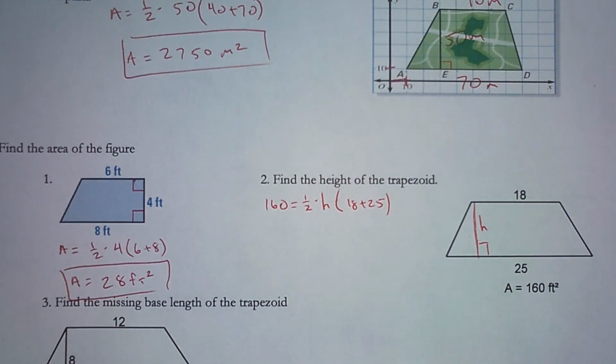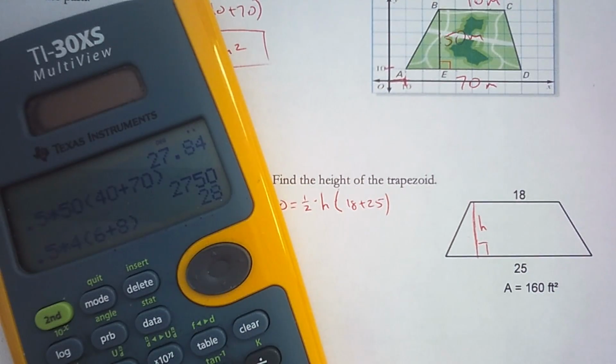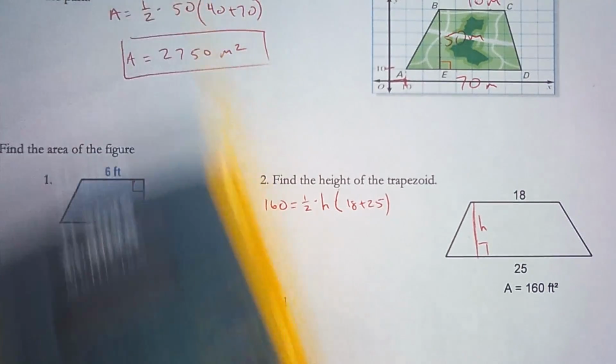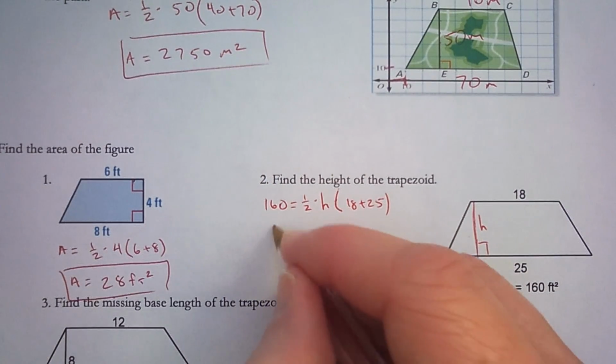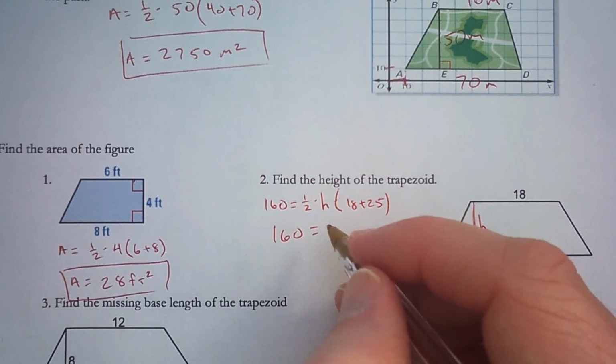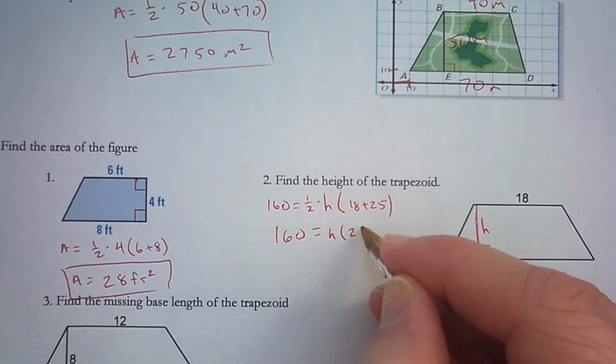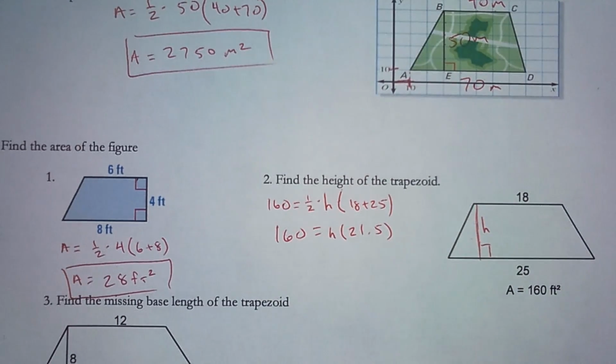Okay, so we can add 18 and 25, and that's 43, times half is 21.5. So 160 equals the height times 21.5.